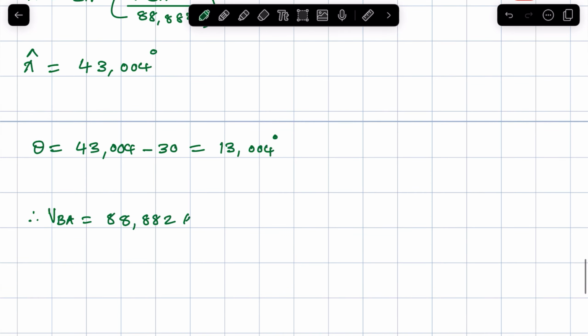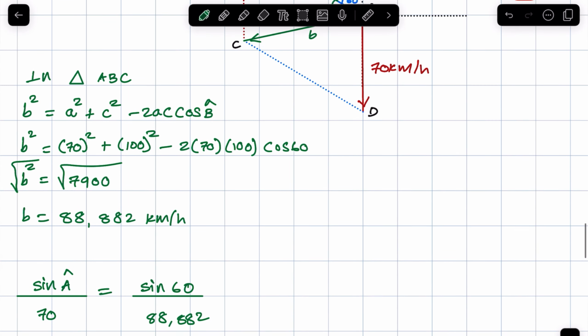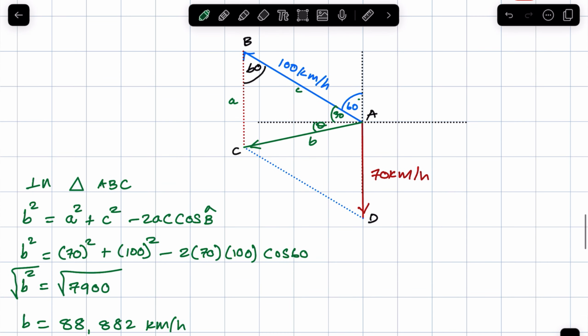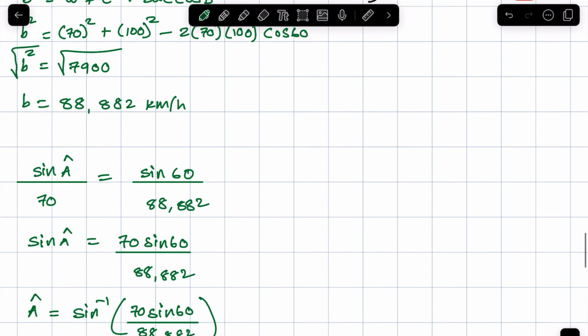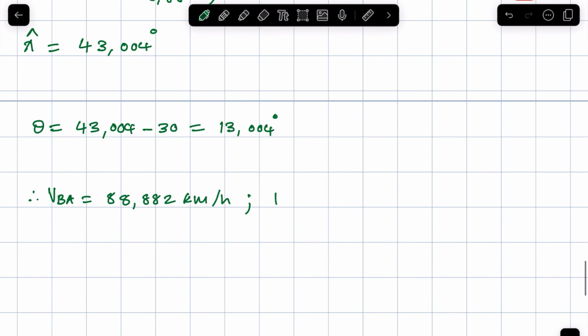Therefore, the velocity of B relative to A is equal to 88.882 kilometers per hour. Remember, the x-axis is our reference, so the x-axis being west, it means this is west 13.004 degrees south.